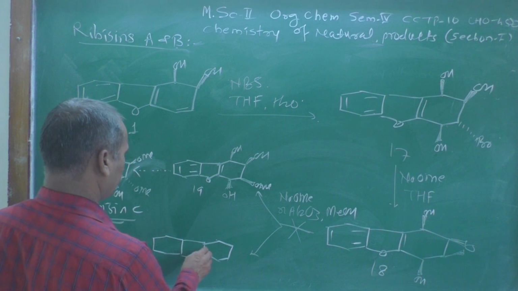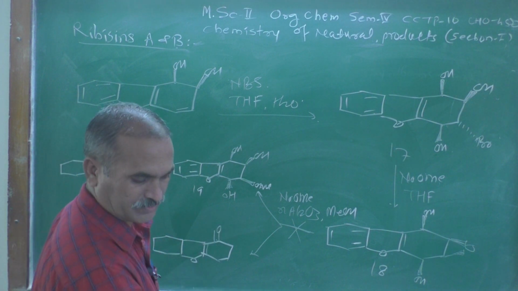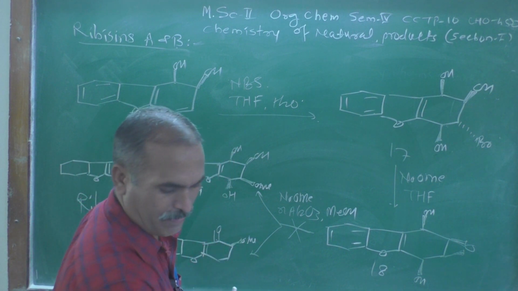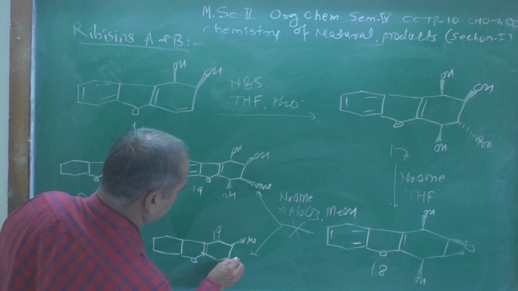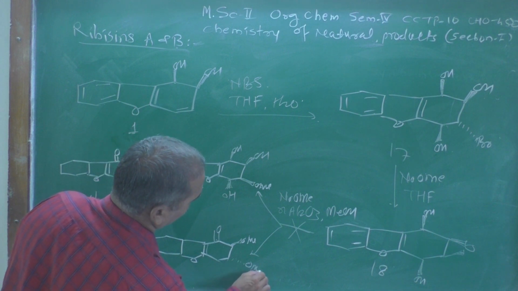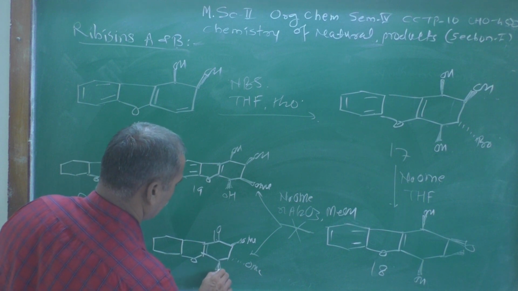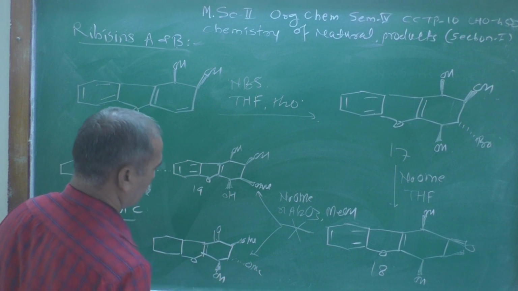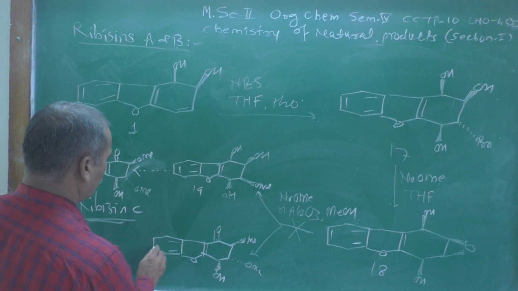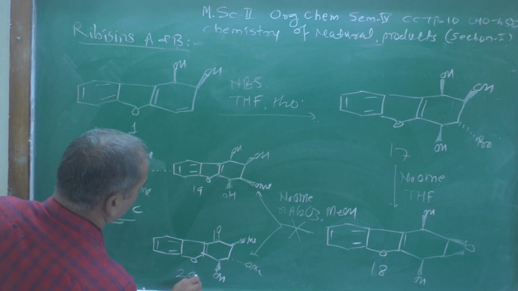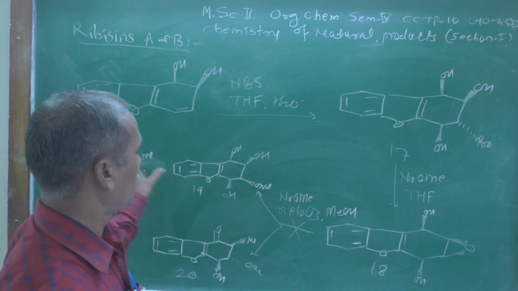This is a double bond O, then OMe, and here OMe, and here is a hydroxy group OH, and the other part remains as it is. This is structure number 20.